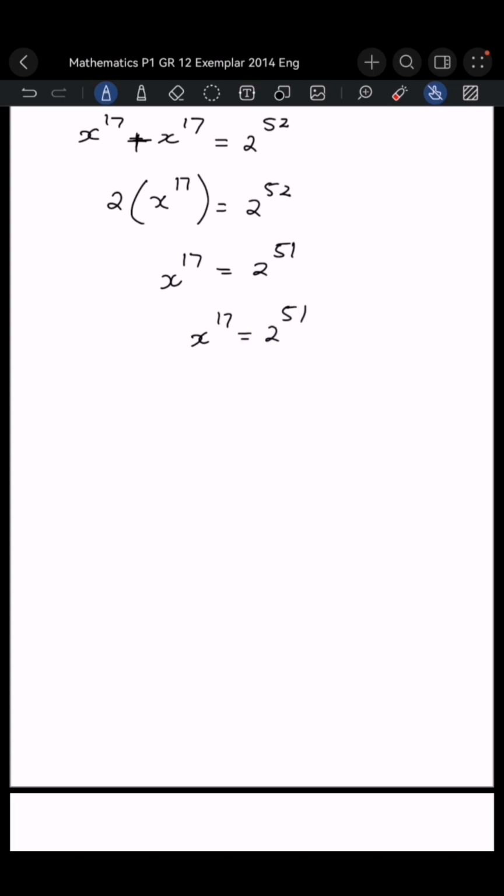These are the questions. How do we go about here? We say find the 17th root. Let's go about it like this first.